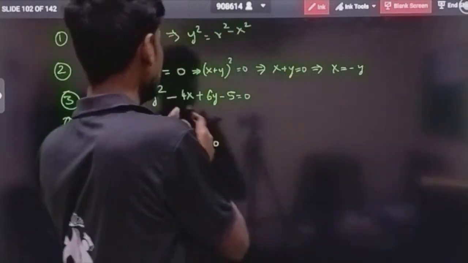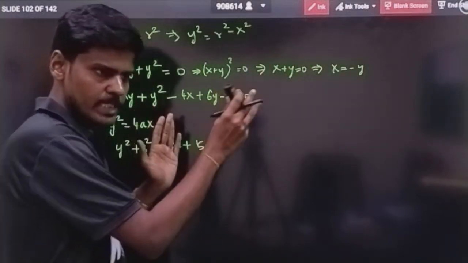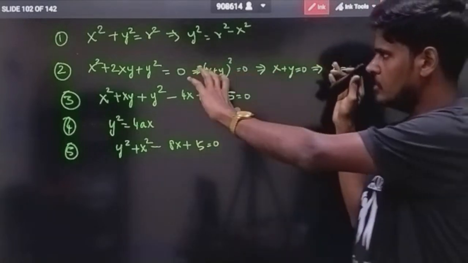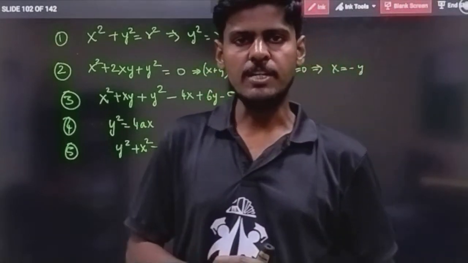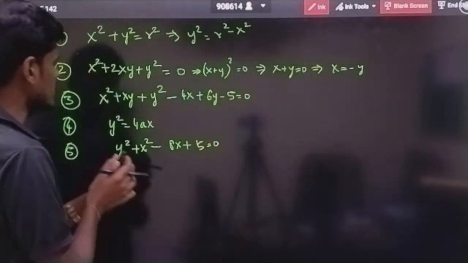A function which can be written in terms of x and y variables separately by some easy simplification procedures, those functions are called explicit functions. So when we write it like this, this is an explicit function.